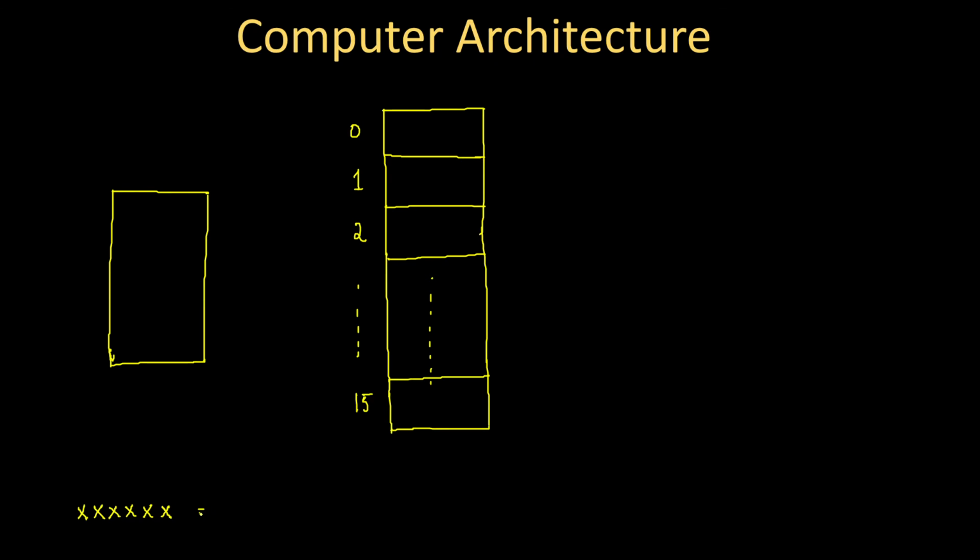Obviously 2 to the power 6 memory locations, that is 64. That means I can map 64 byte memory locations if my address bus is of 6 bit.